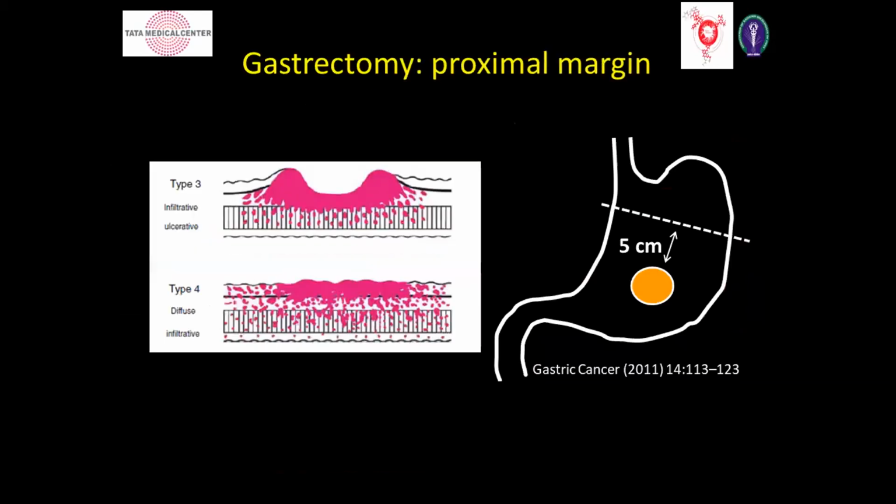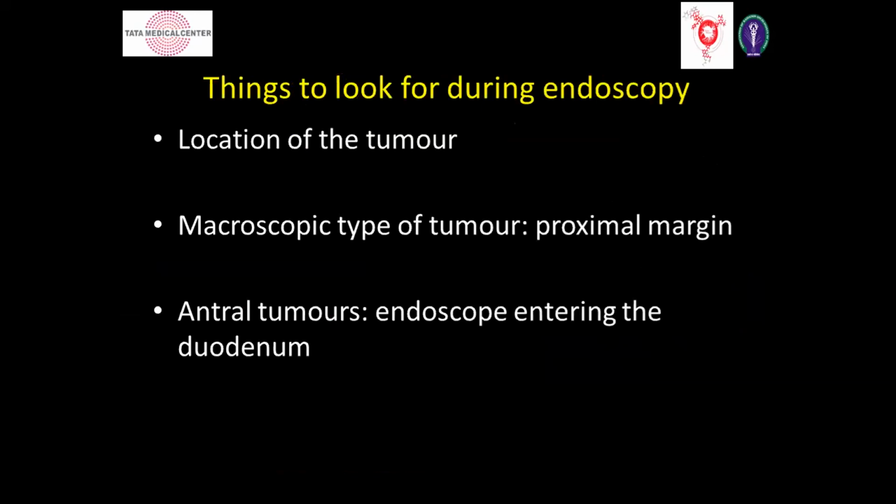A proper endoscopy should mention the exact location of the tumor, the macroscopic type of the tumor, and whether the endoscope is passing through the antrum. That means whether the patient is developing any outlet obstruction or not.